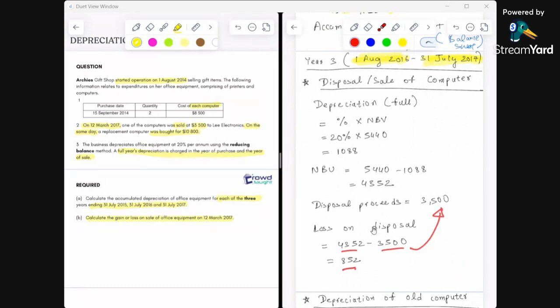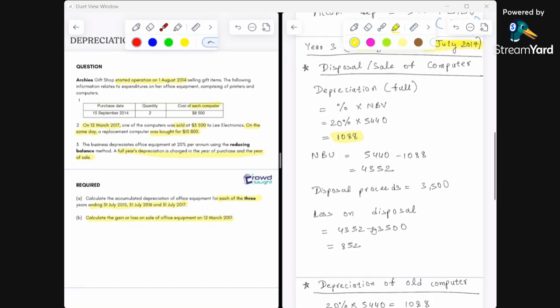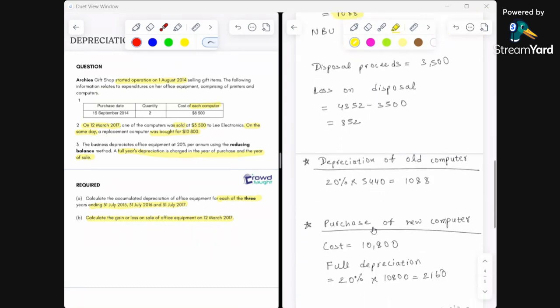Okay? So we have already answered the second part of the question, which asks us to calculate the gain or loss. Okay? We have already derived that in addition to the depreciation of 1088. Now, what about depreciation for the old computer? So we have got two computers, if you recall, from the purchase on 15 September 2014.